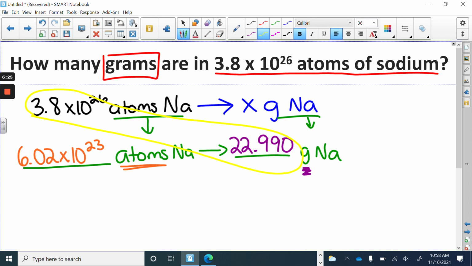And then it should give you your answer. You should get 14,511.96 grams of sodium.